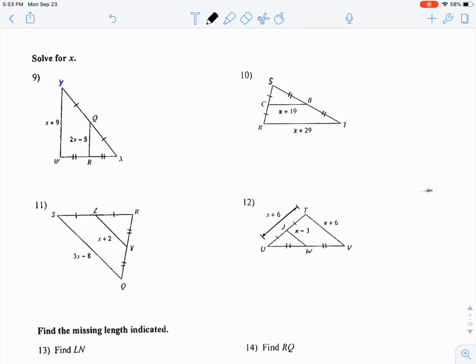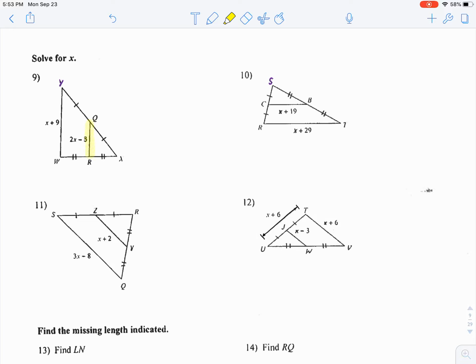Alright, so here's this optional video where we're going to practice working with mid-segments. This is like the last example we did. Breaking it down, we look at number 9, and first let's identify what is the mid-segment.